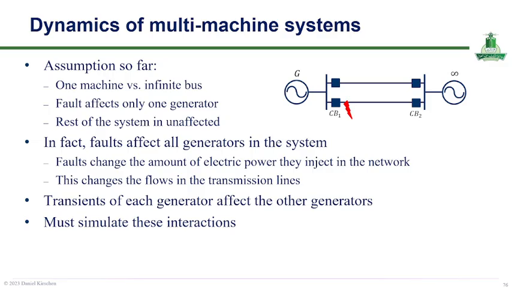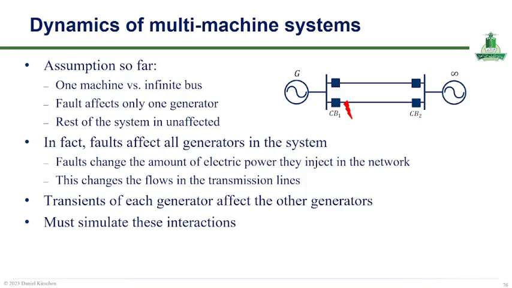This slide introduces the dynamics of multi-machine power systems and highlights the limitations of the single machine infinite bus assumption. In earlier studies, it was often assumed that a fault affects only one generator while the rest of the system remains unchanged. However, in practical power systems, disturbances influence all interconnected generators.